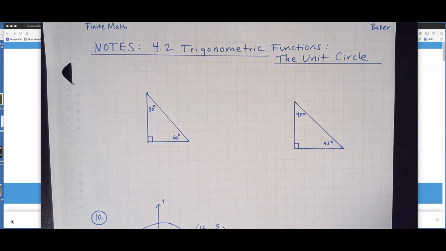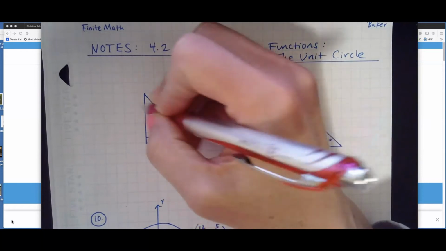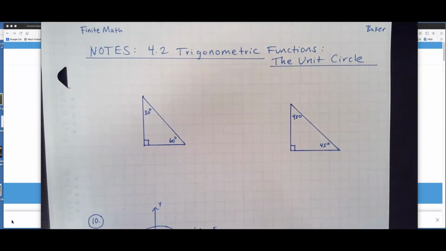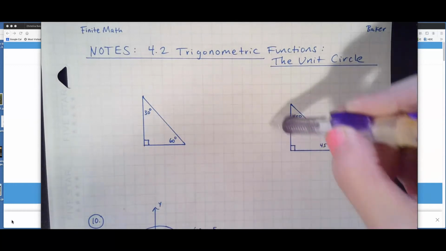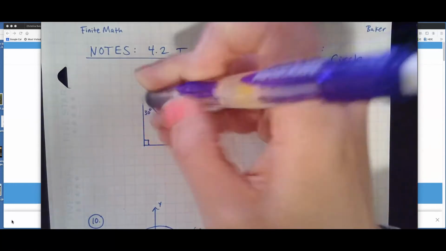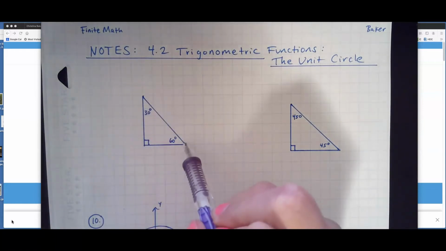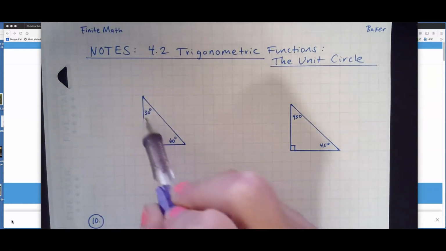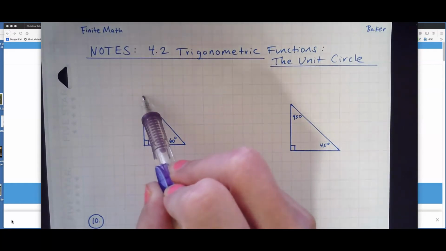So what you need to know is that in a 30-60-90 right triangle, let's say this right triangle is within a circle. I don't want to draw it, but picture a circle over here, and this point up here is the center of that circle, and this is the outer point on that circle.